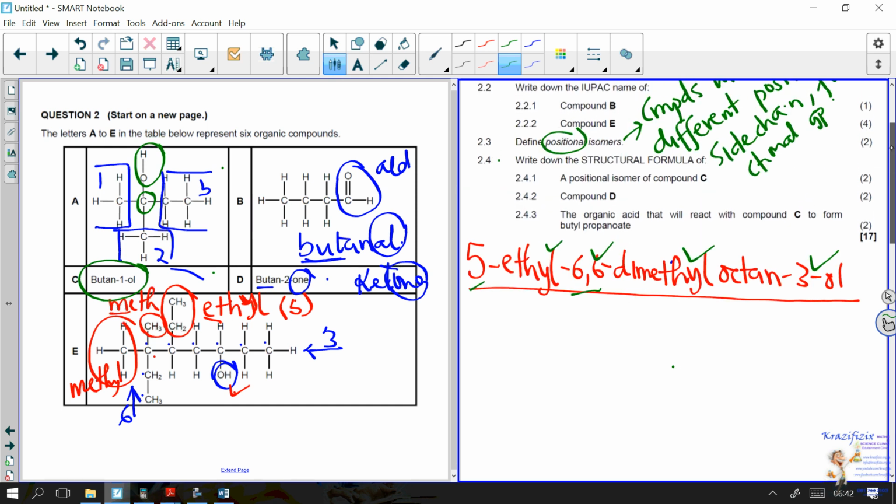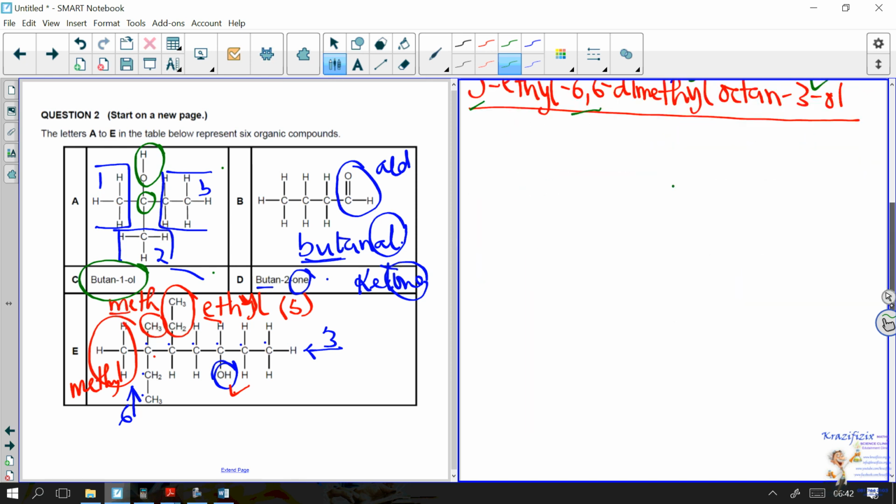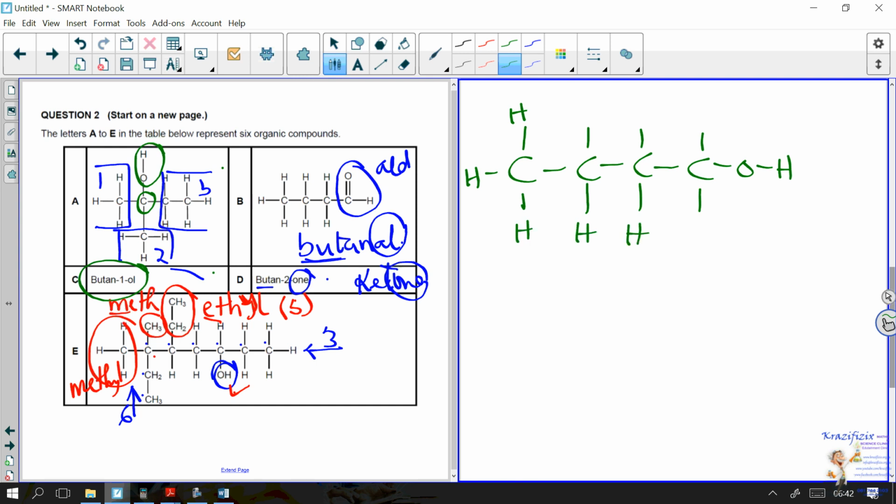We need a positional isomer. All right, you'll understand what we mean now. For clarity, let me first draw the original structure. This is butan-1-ol. I want positional.